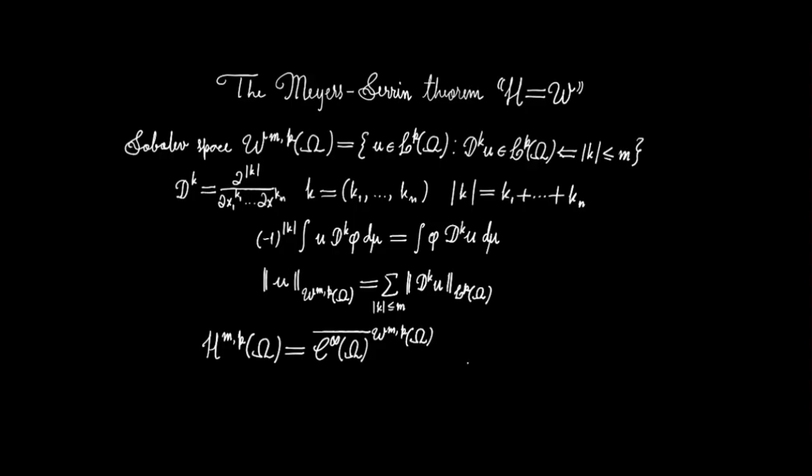And they knew that for simple enough domains, these spaces would coincide. So what Meyers and Serrin did was to prove that they coincide in general, irrespective of the domain omega.